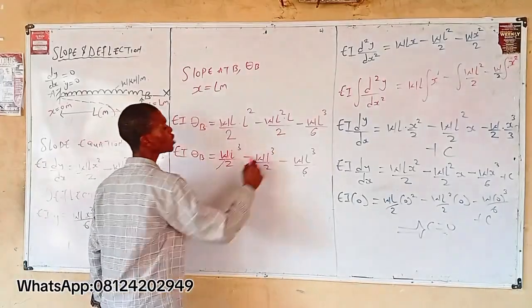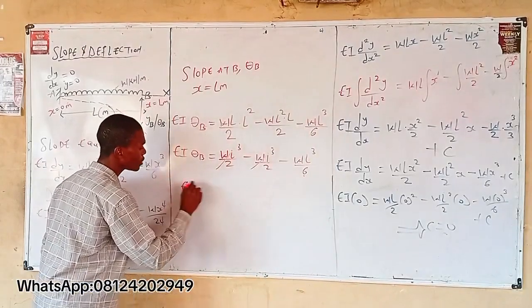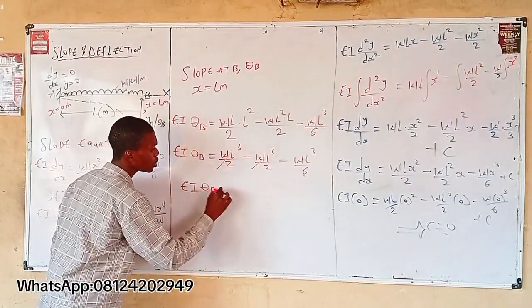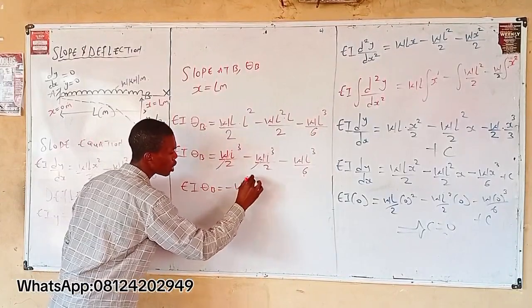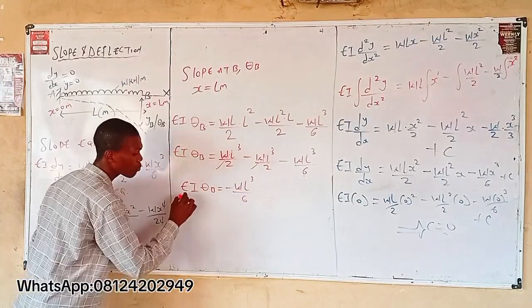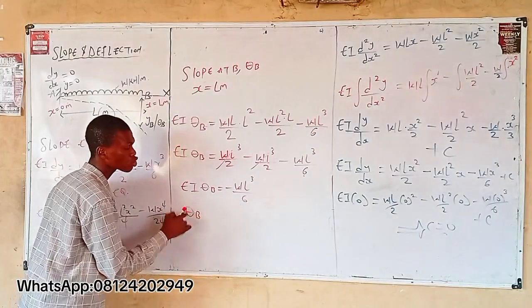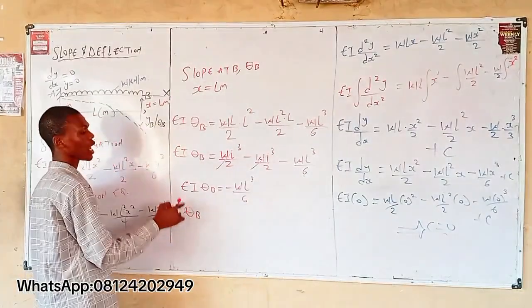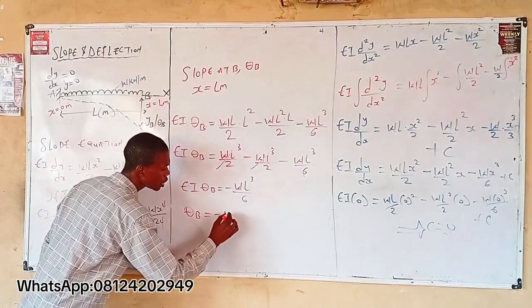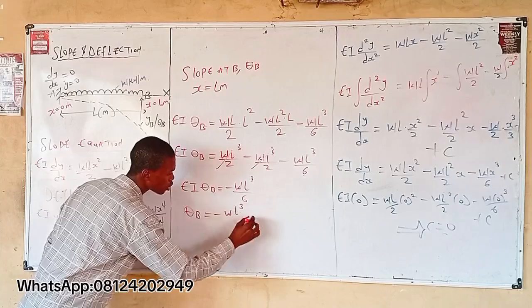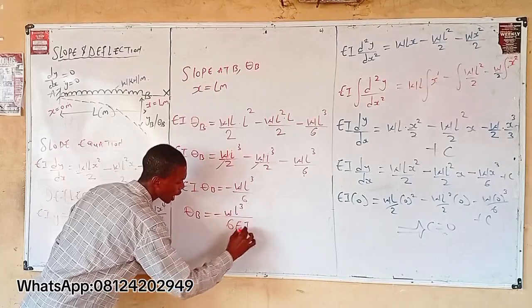Now observe that this cancels this, right? Then you have EI theta B equals negative WL cube over 6. Divide both sides by EI, meaning the slope at B, which is represented as theta B, equals negative WL cube over 6 EI.